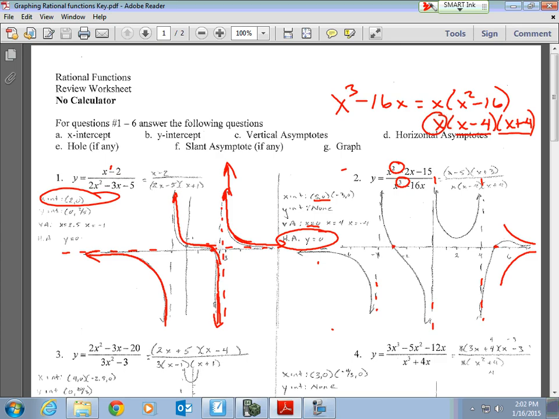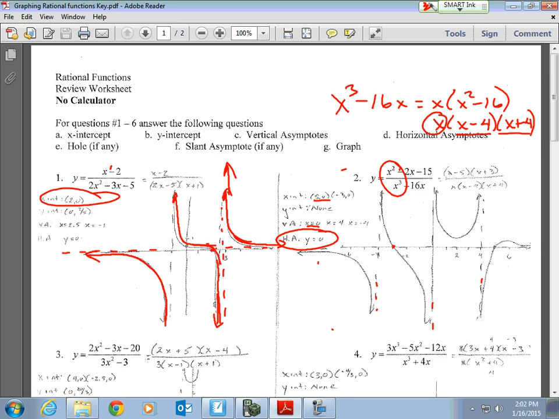When x is positive, large values, both of these are positive, and so y will be positive. When I plug in large values like 10 or 15, that's positive, and so on. They're all positive. It'll be on the top. It'll come down from the top and approach the horizontal asymptote.